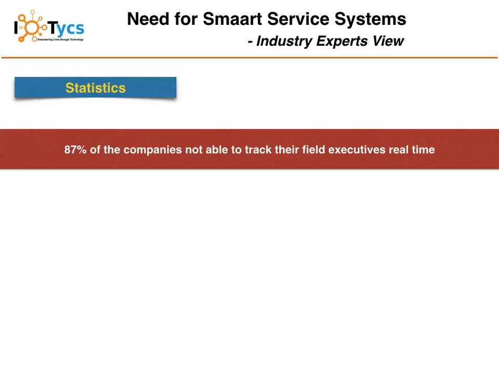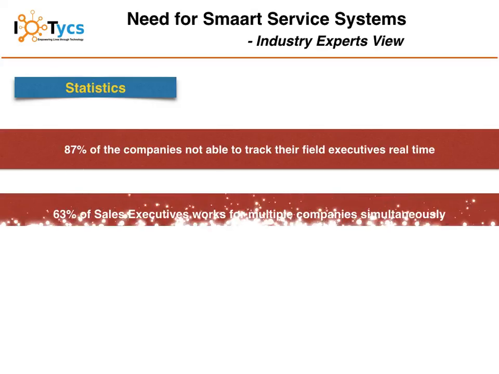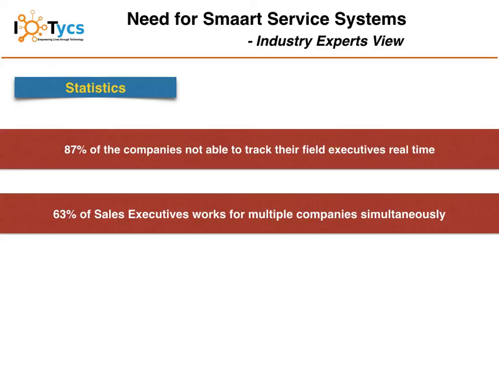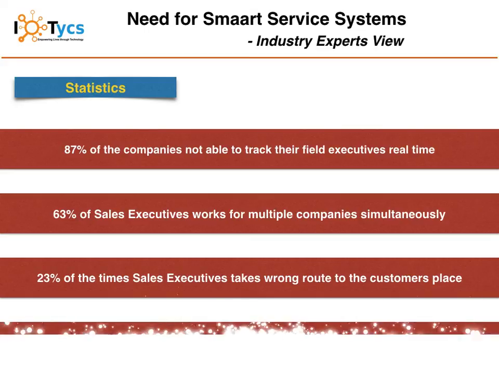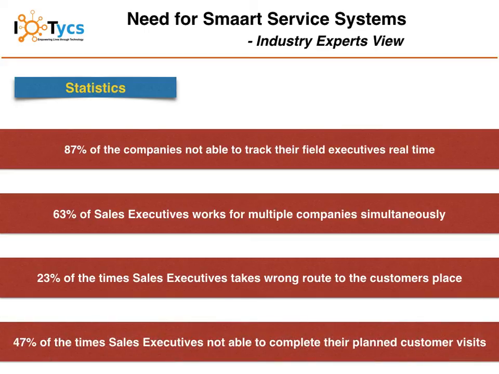87% of companies are not able to track their field executives in real time. 63% of sales executives work for multiple companies simultaneously. 23% of the time, sales executives take the wrong route to the customer's place. And finally, 47% of the time, sales executives are not able to complete their planned customer visits for that day.